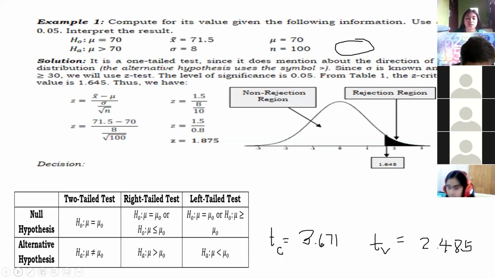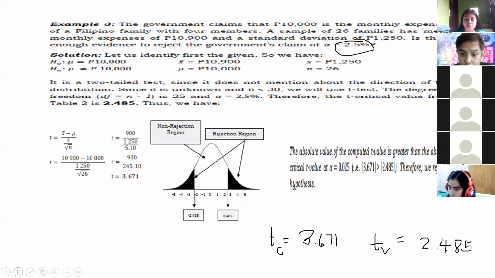Tingnan natin. So the absolute value of computed value, that is 3.671, is greater than 2.485. Therefore, we reject the null hypothesis and support the alternative hypothesis.